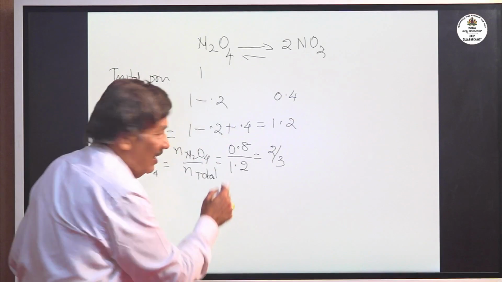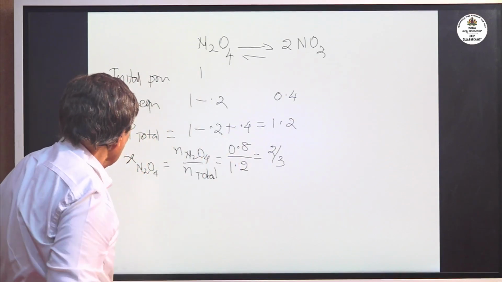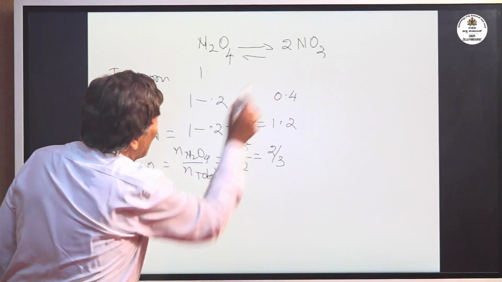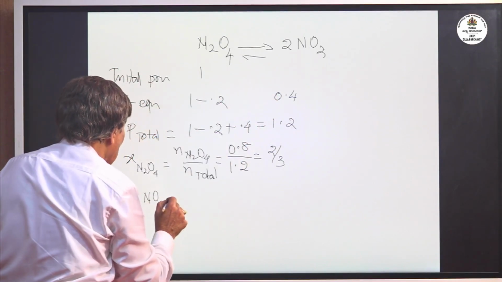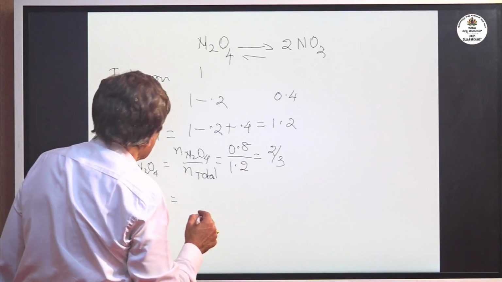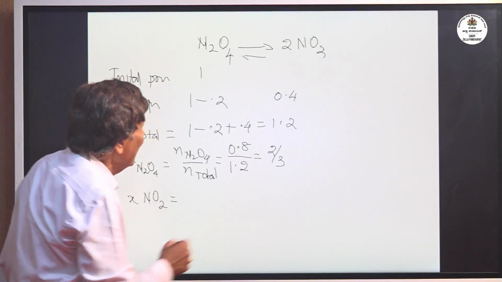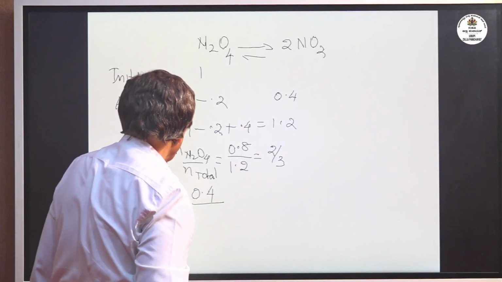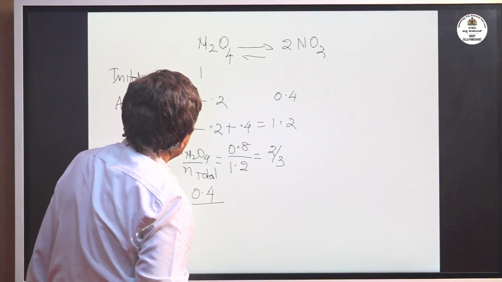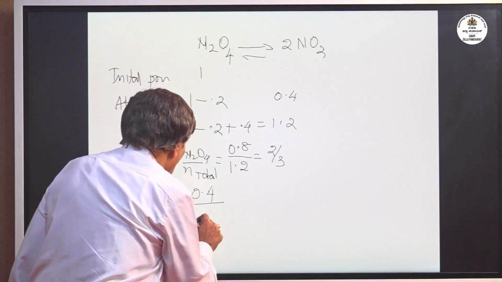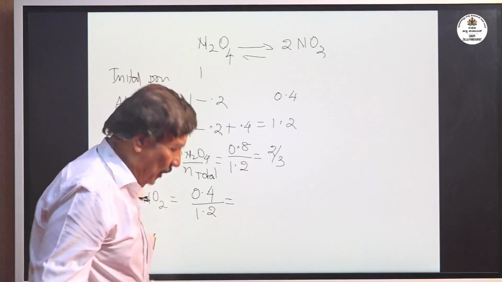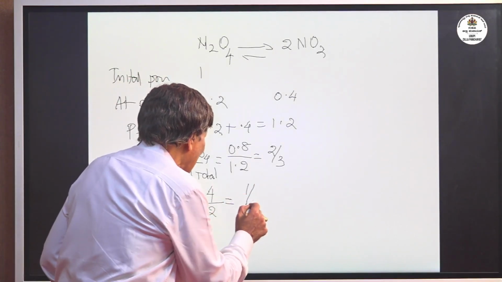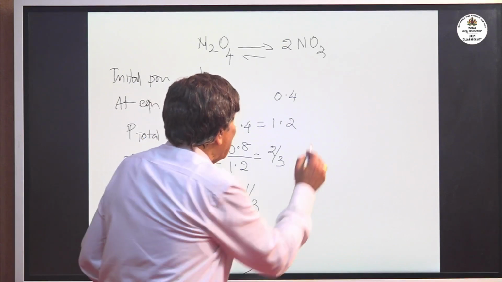Similarly, number of moles of NO2 is 0.4, divided by total number of moles 1.2. 0.4 by 1.2 becomes 1 by 3.